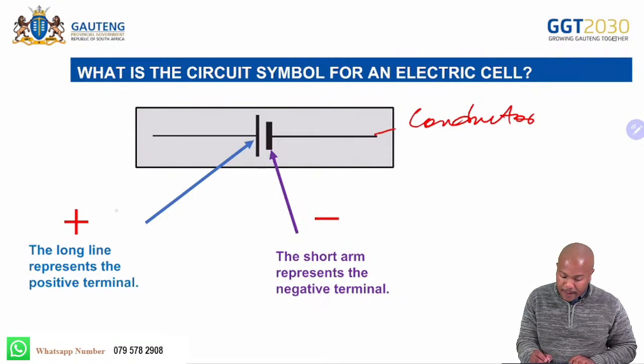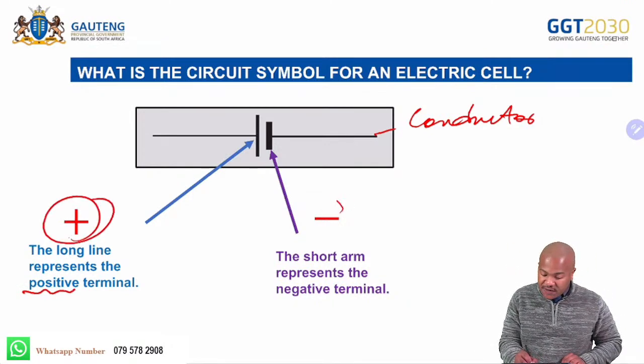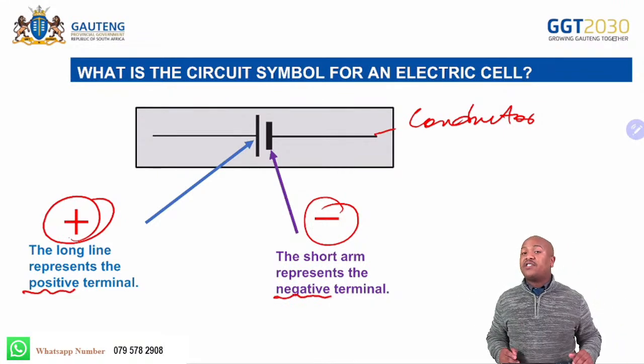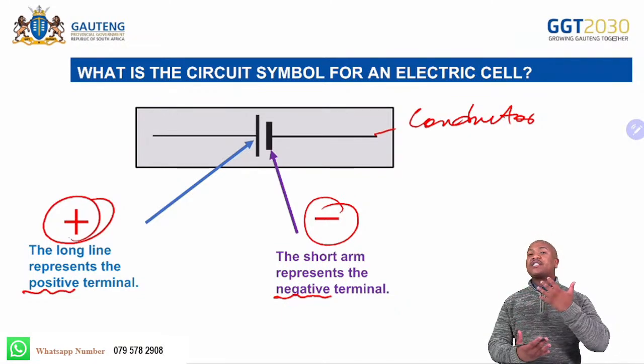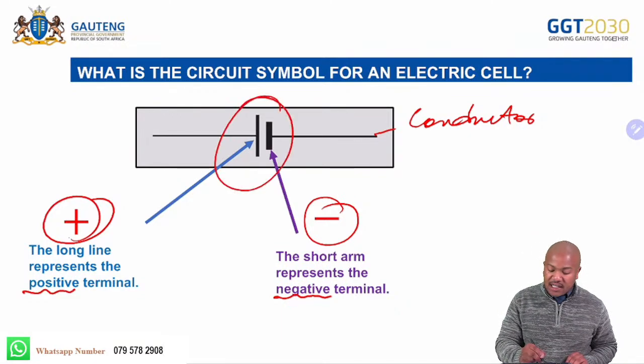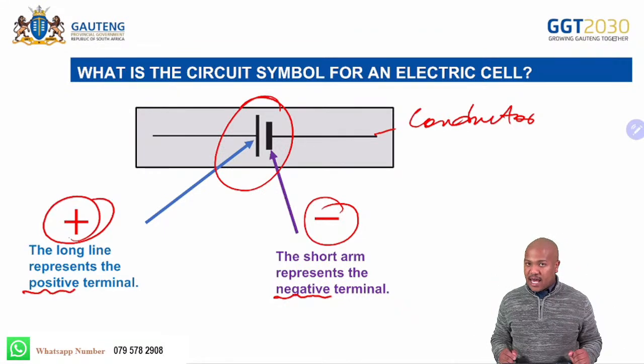Having these signs here, this one is positive. The plus sign is positive, and the negative sign is the negative terminal of the cell, right? So whenever you see a symbol like this, it represents a cell in a circuit.